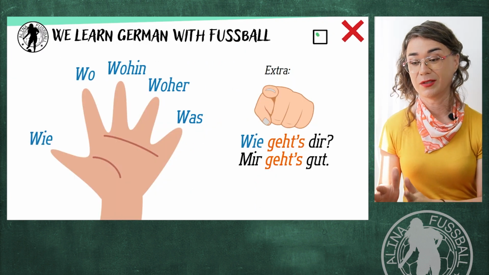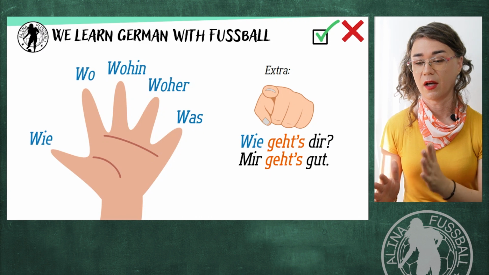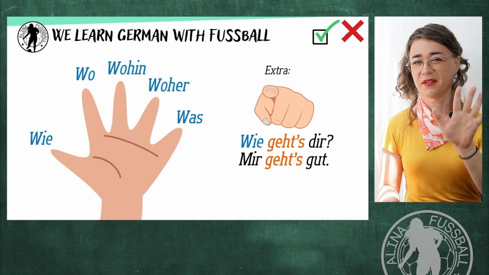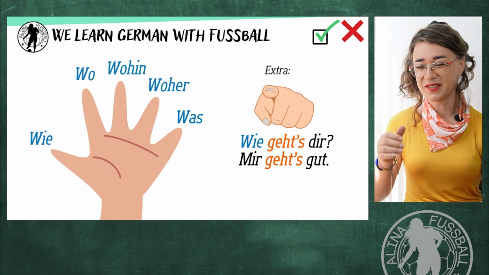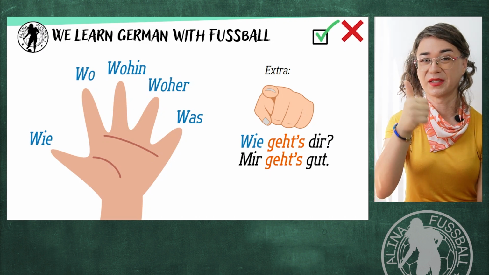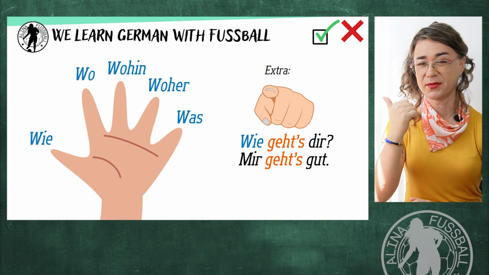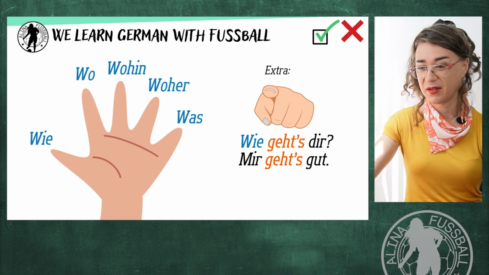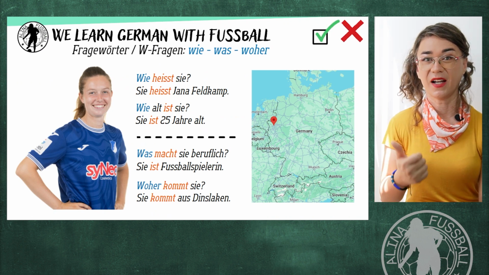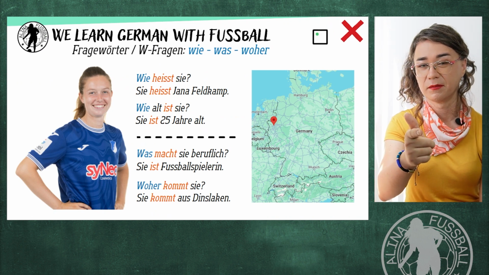In order to close this part, as you can see, I connected the 5 Fragewörter with the hand. And notice that for this finger, we are using the Fragewort WIE. Why? Because remember that we use WIE to ask about the name. Wie heißt du?